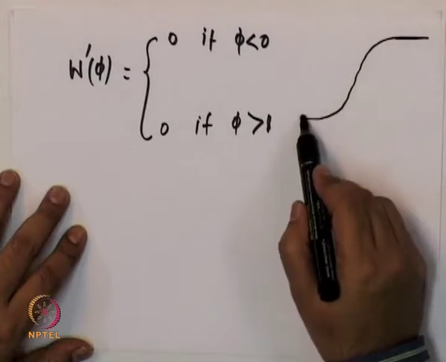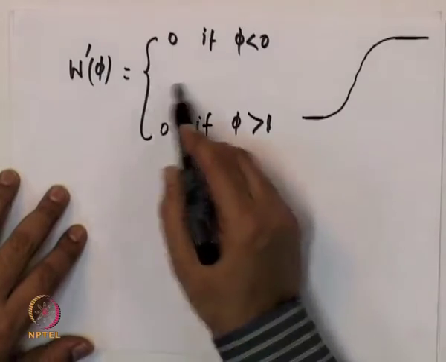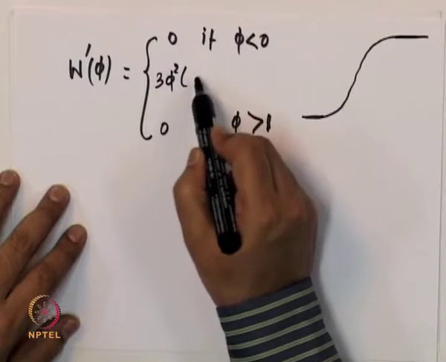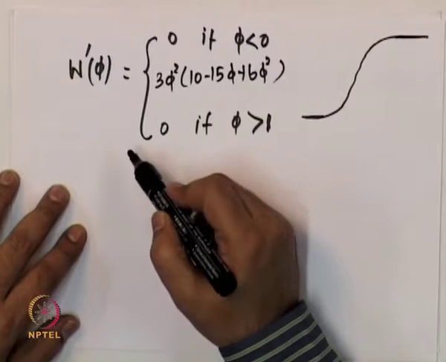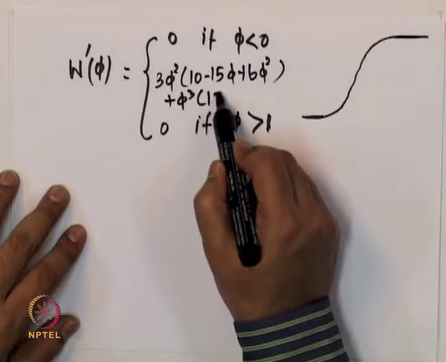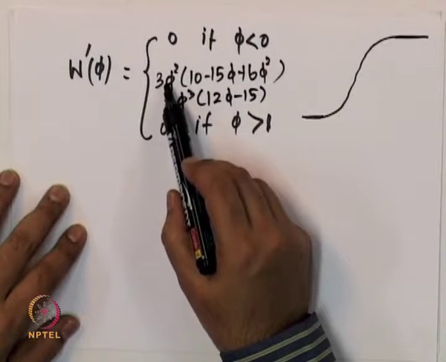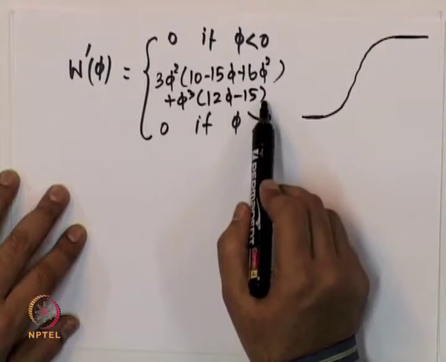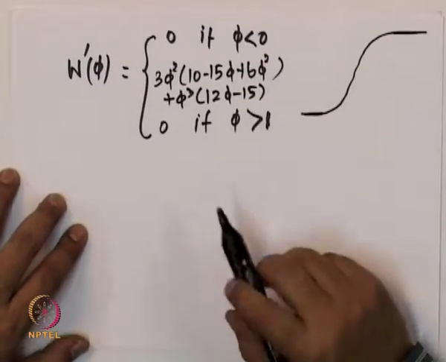So the derivative here and the derivative here are going to be 0, because with phi it is not changing. In between of course it will have 2 parts, so it will have 3 phi squared multiplying 10 minus 15 phi plus 6 phi squared plus phi cube multiplying 12 phi minus 15, right, because we first differentiate this part, keep the other the same, and then keep this the same and differentiate that part, so it is 12 phi minus 15. So that is what the W prime is going to be.